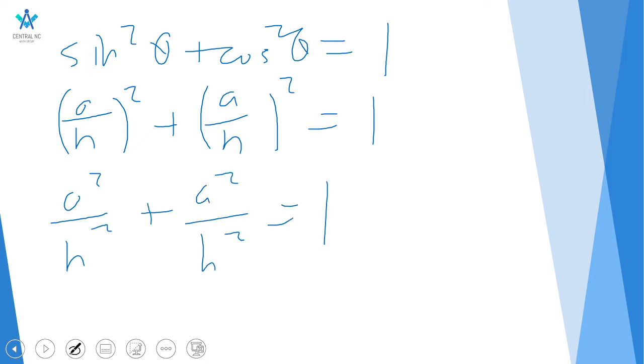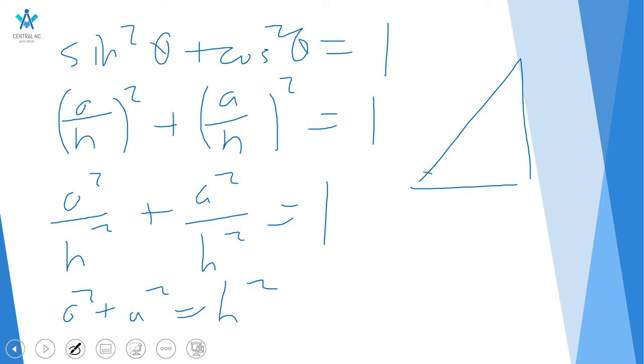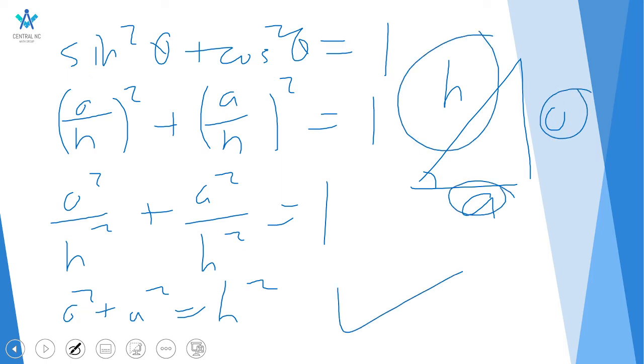Then I'm going to multiply by h squared on each side, so we get o squared plus a squared equals h squared. This looks familiar. This is exactly the Pythagorean theorem. In a right triangle with angle theta, this is the opposite side, this is the adjacent side, and this is the hypotenuse. This side squared plus this side squared is equal to that side squared. So we are done.